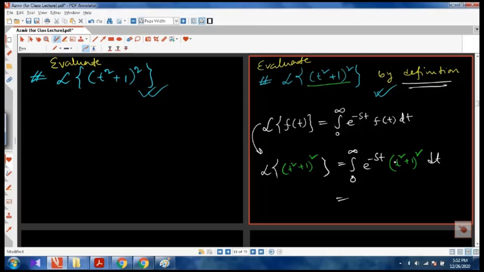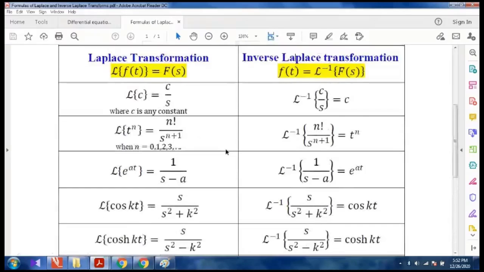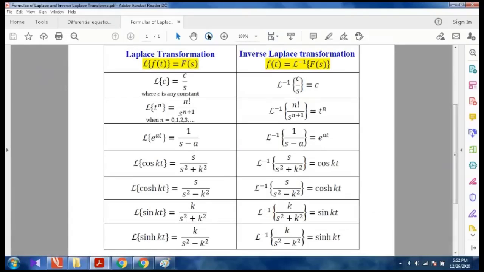Here by definition we have one improper integral. It is quite difficult to solve using the concept of integral calculus. It would also be hard for me to solve this one, but we are lucky today that we have this type of formulas. All these formulas have been derived just for our betterment.